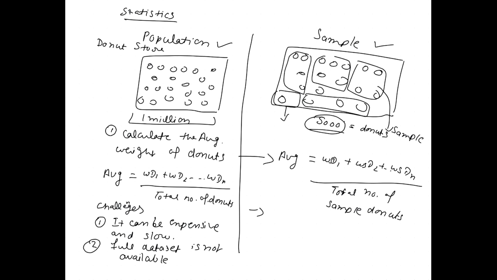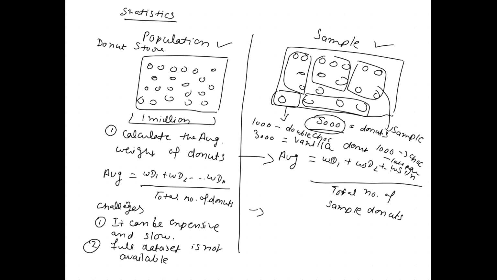But when you pick up a sample of 5K, out of these you have 3K samples of vanilla donut, 1,000 samples of chocolate donut, and the remaining 1,000 are double chocolate.